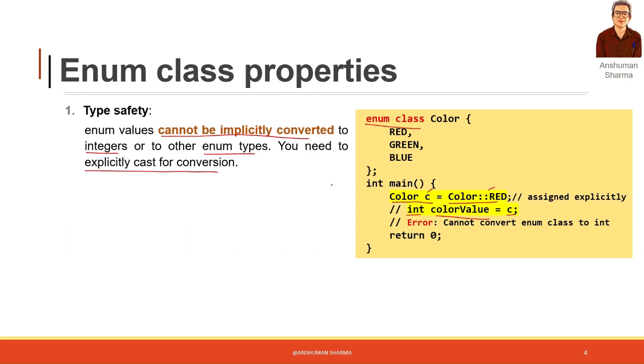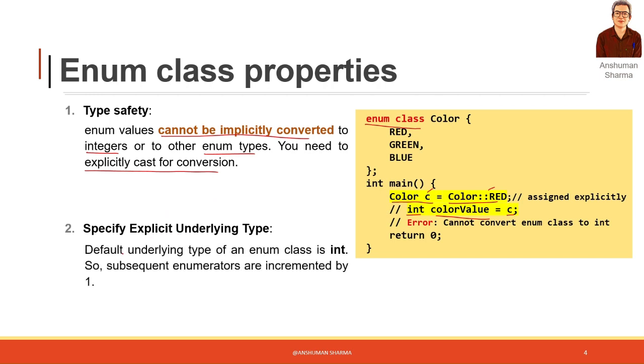This is because it is a strongly typed enumeration type, which earlier versions of enum could not provide, so the conversion had to be explicitly specified. Also, the default underlying type of enum class is int, so subsequent enumerators are incremented by 1.